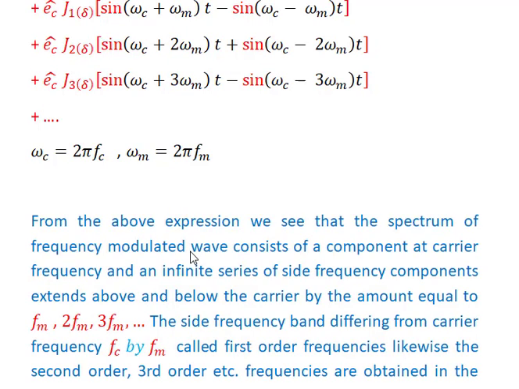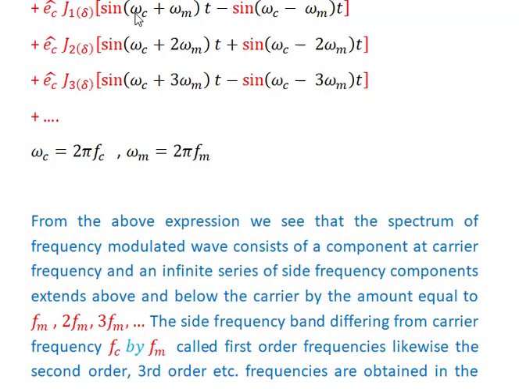This expression is known as the spectrum of the frequency modulated wave. It consists of the component of the carrier frequency and an infinite series of side frequency components extending above and below the carrier by an amount equal to fm.